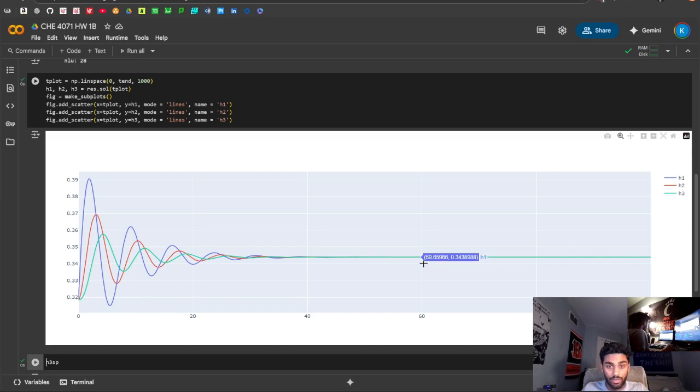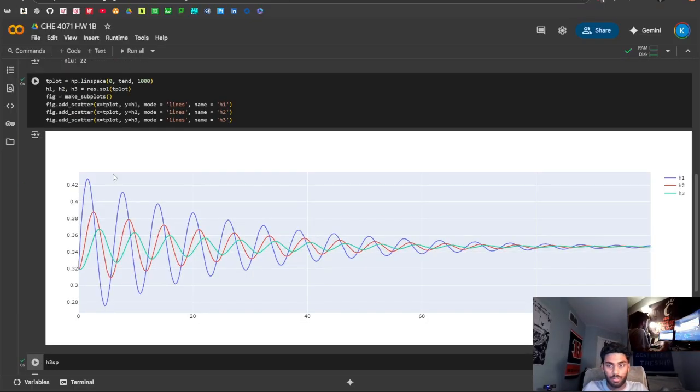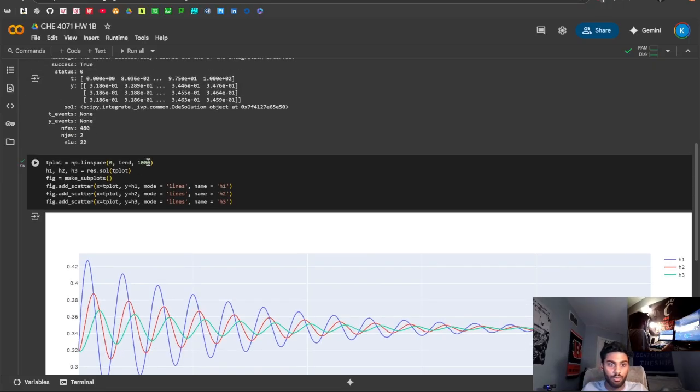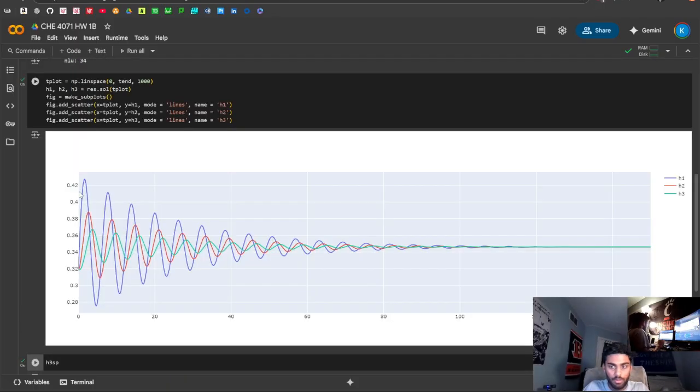We're still having a discrepancy between 0.35, our desired set point, and where our system decides to settle based on the differential solution. Maybe 5 will get it done. Right, more oscillations.